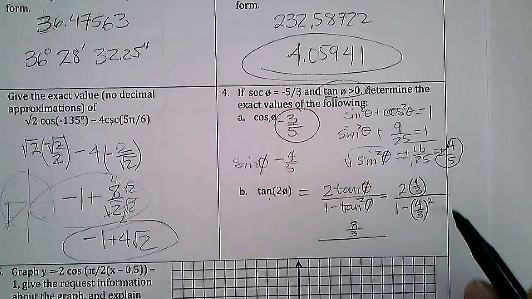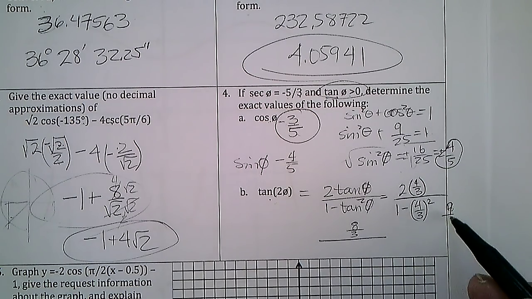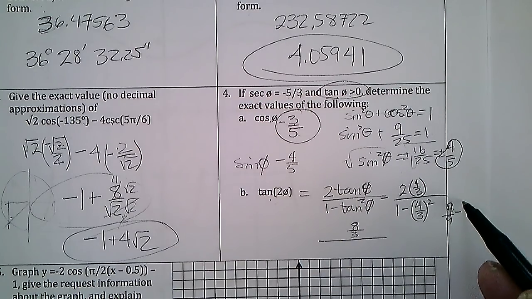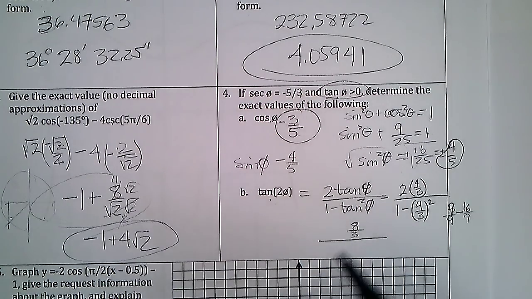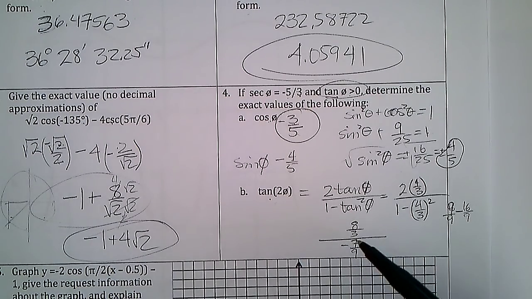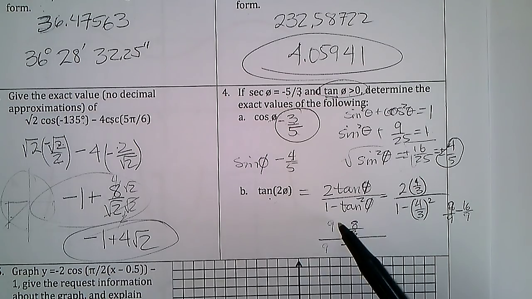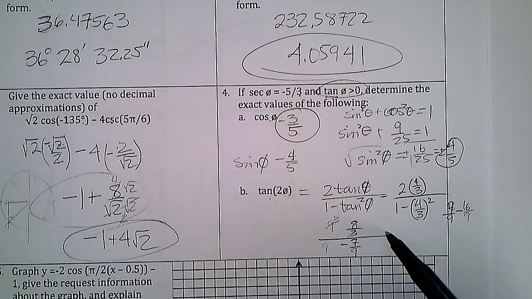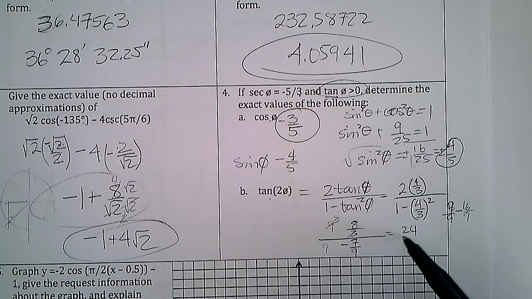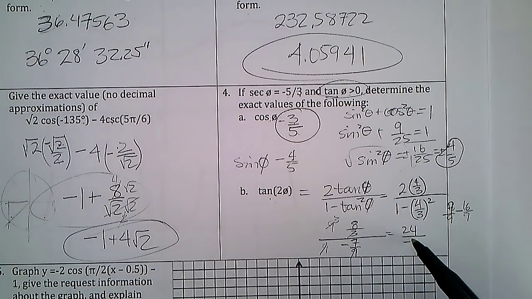That's 1 is 9/9 minus 16/9 is -7/9. So if I multiply the numerator and denominator by 9, that would make 24 over -7.